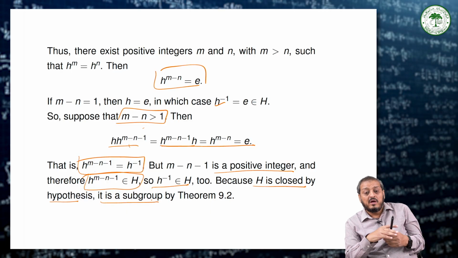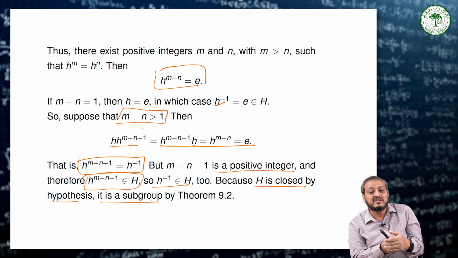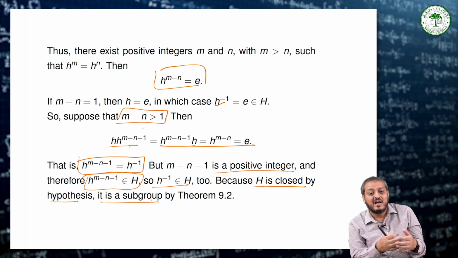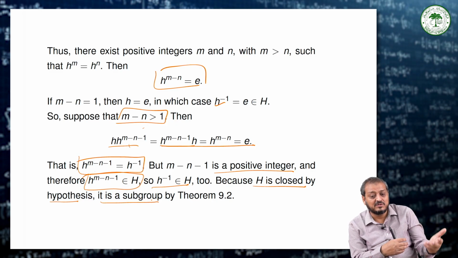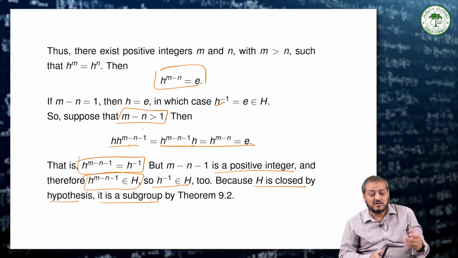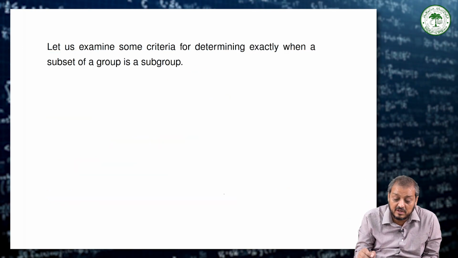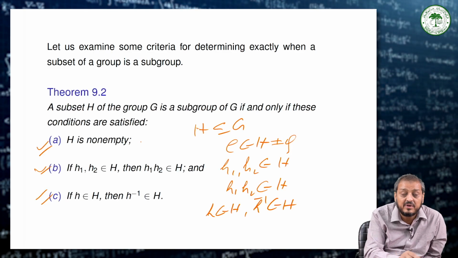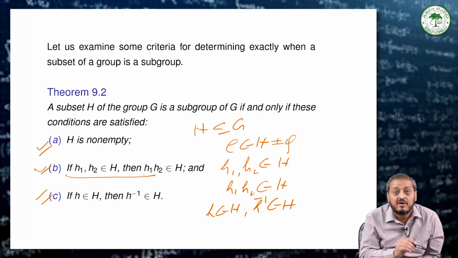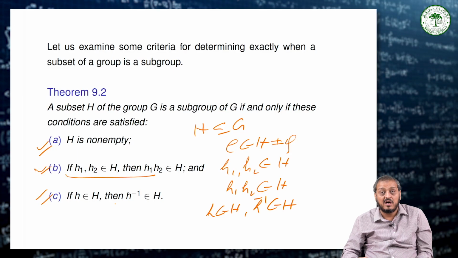So we have proved that the identity is there, and the inverse is also there, and because H is closed by the hypothesis, it is a group by this theorem. Here H is a non-empty finite set and these two conditions hold.